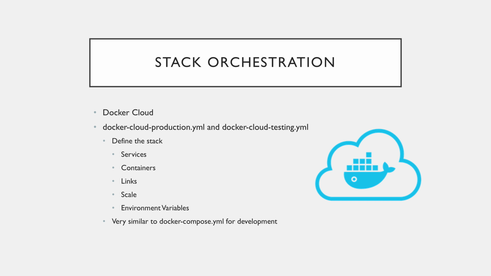Something else that's kind of cool is that we can actually tell it to use all of the available nodes. With Nginx in particular, because it's bound to port 80 and port 443, we can only have each Nginx container on a single instance.